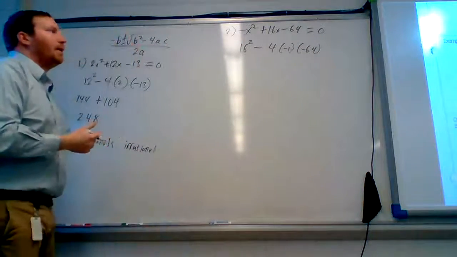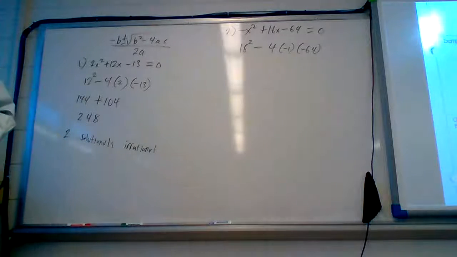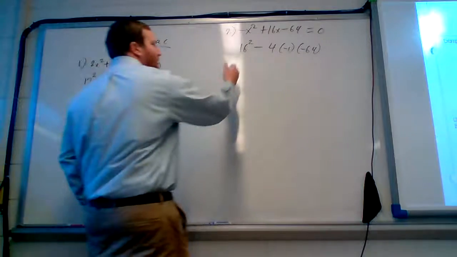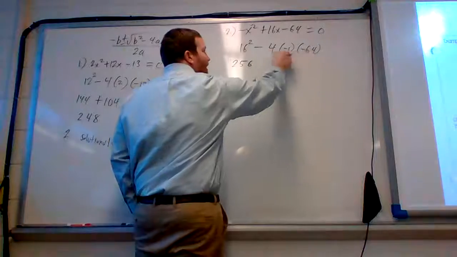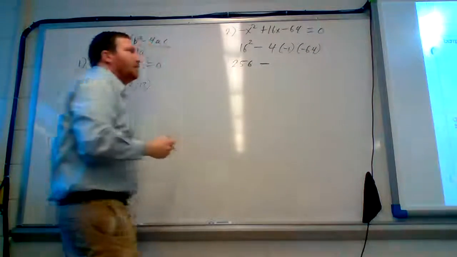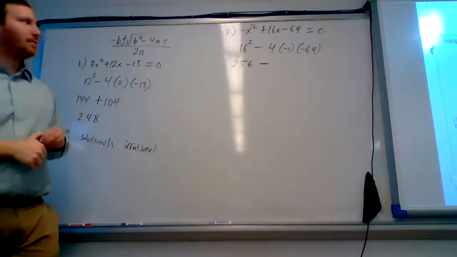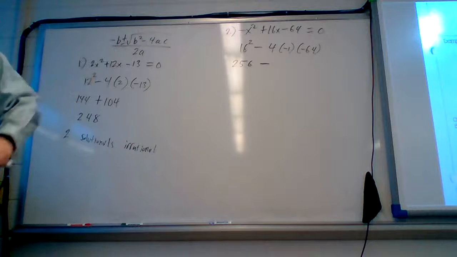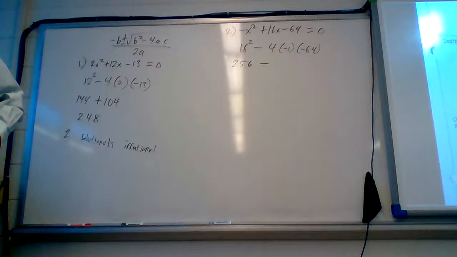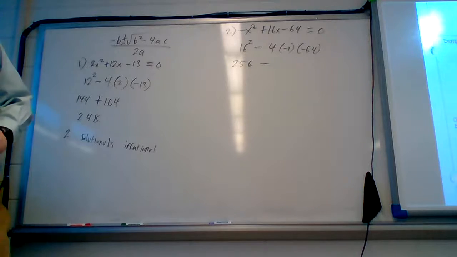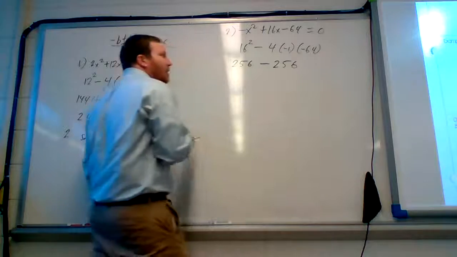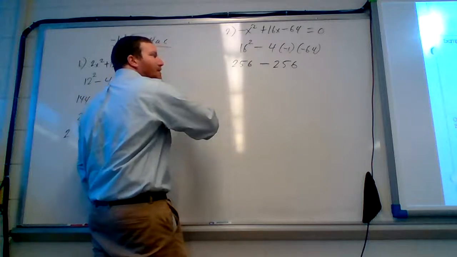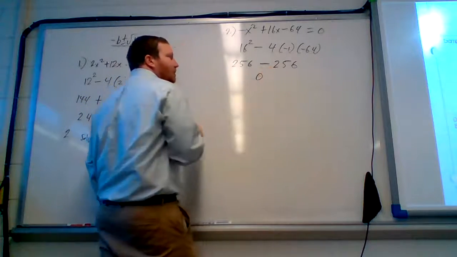We want to combine all those together. 16 squared gets us 256. We have 3 negatives, so I know my final answer when I multiply those is going to be negative. So negative 4 times negative 1 gives us a positive 4, times a negative 64 is negative 256. So in this case, 256 minus 256 gets me 0.